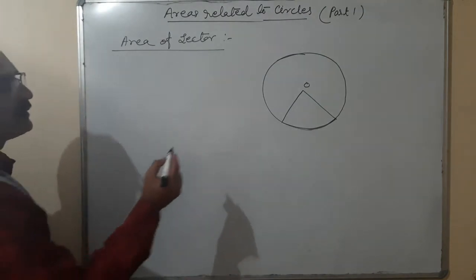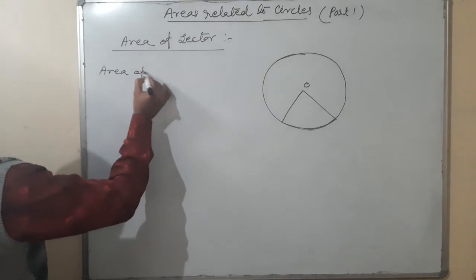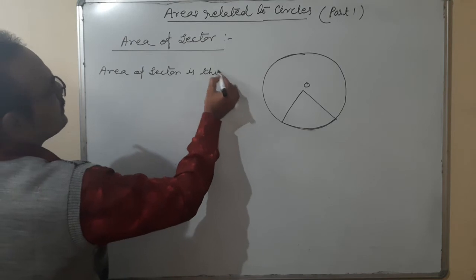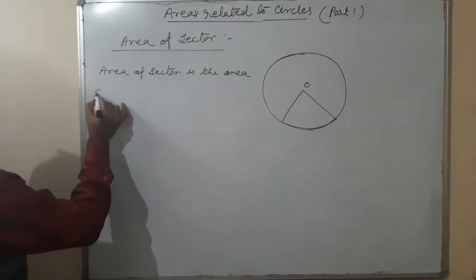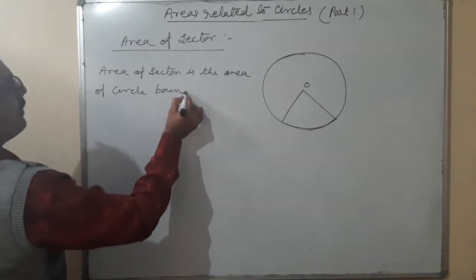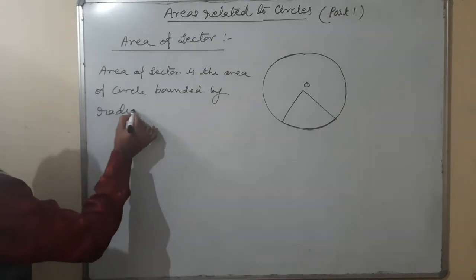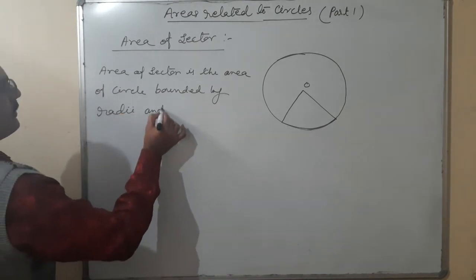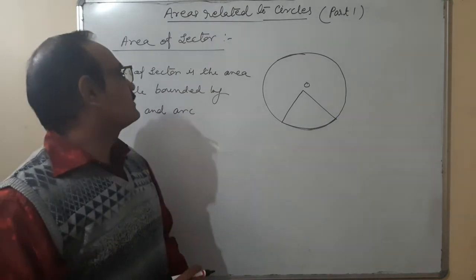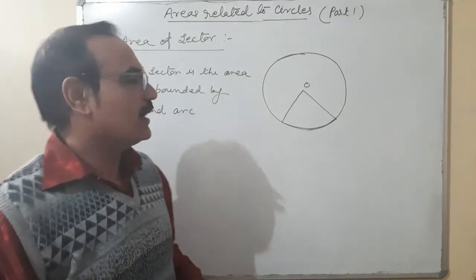Area of sector is the area of circle bounded by radii and arc. The area of sector is the area of circle bounded by radii and arc.